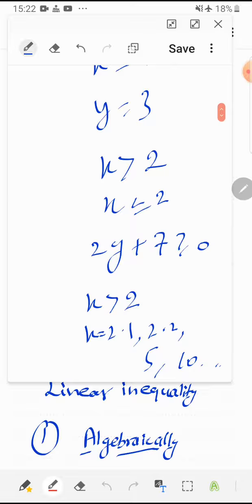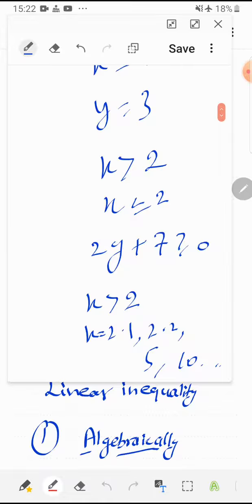So in this chapter we will study the way to find the solution, as we have done in case of linear equations in 10th class, and then we will study a little bit of word problems of linear inequalities.